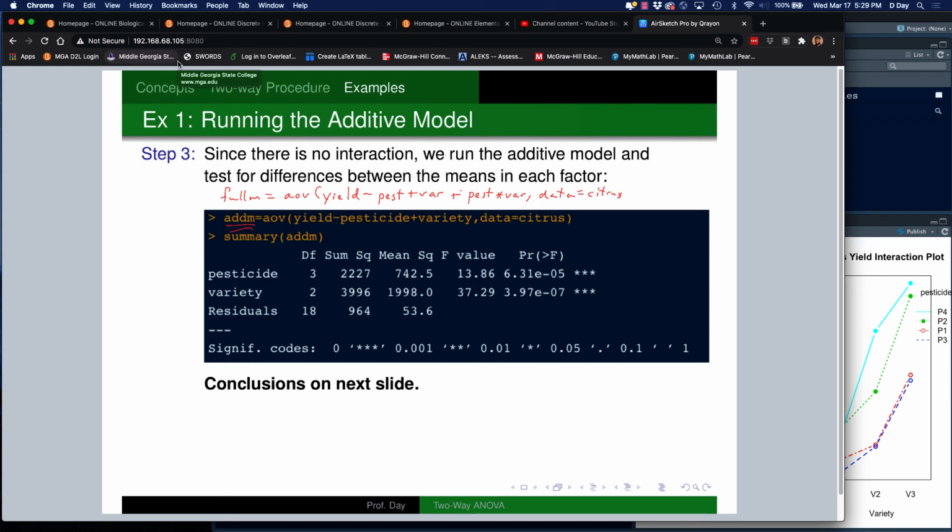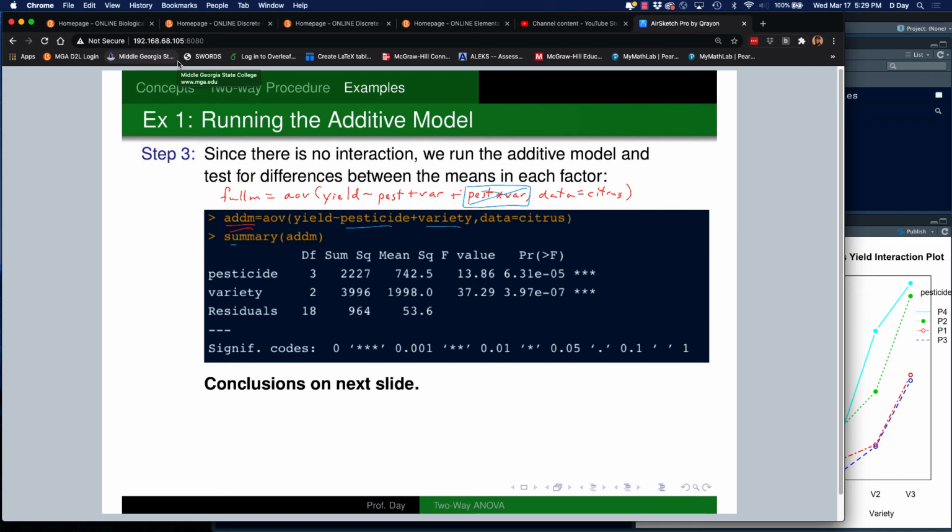So when I was mentioning earlier, we're going to remove that. Since there was no interaction, we're going to remove the interaction term. We remove that here. Okay. And so that's gone out of there. So we're just doing pesticide plus variety. All right, that's the only thing we really changed.